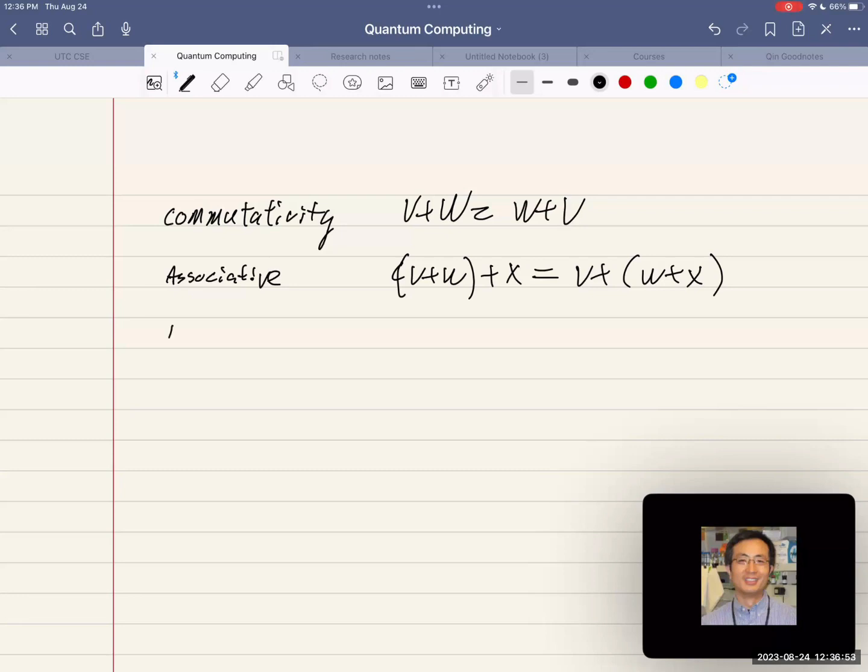An inverse of vector v is minus v. And what are the scalar multiplication properties?